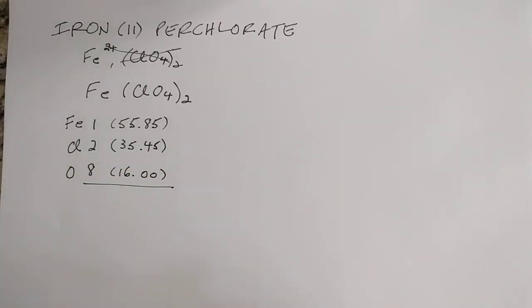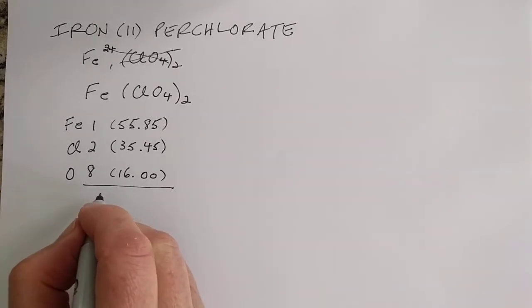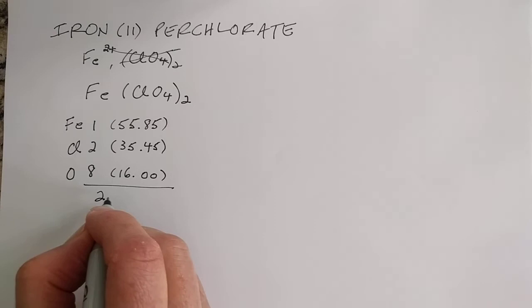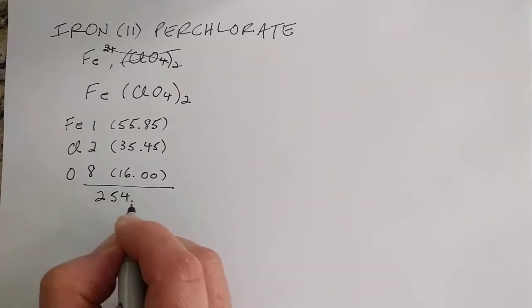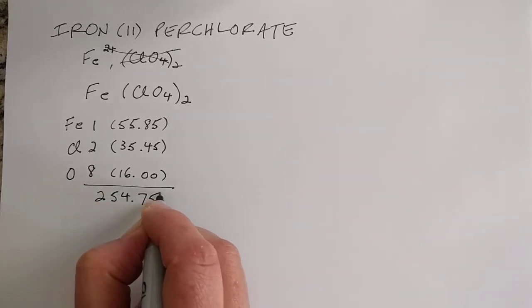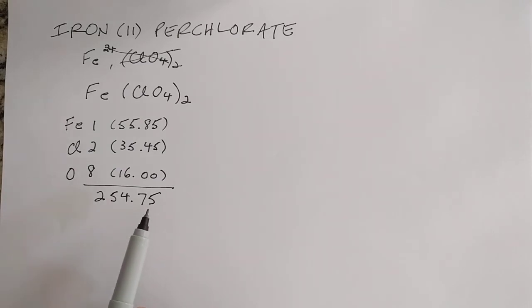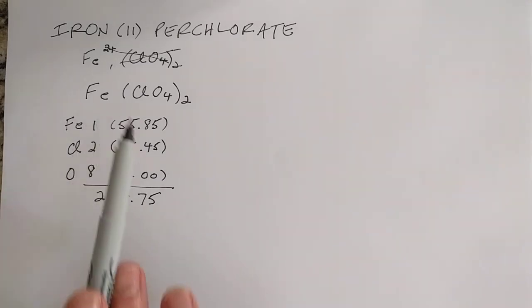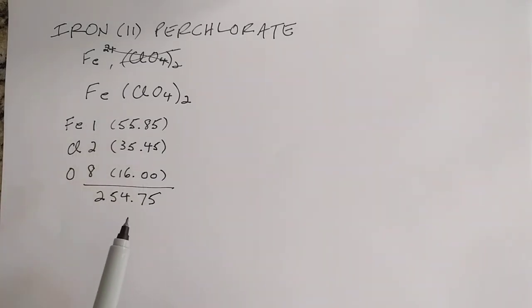So now let's add those up. 55.85 plus 2 times 35.45 plus 8 times 16 equals. All right, our formula mass is 254.75, and that is the atomic mass units in 1 formula unit, or it's the grams in 1 mole.